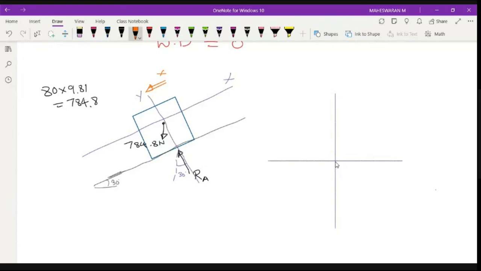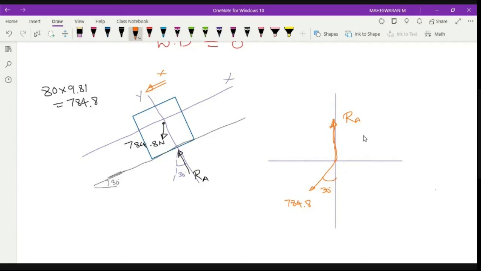This is my 784.8. This angle is 30-degree. Other than this, you have RA, which is straight.